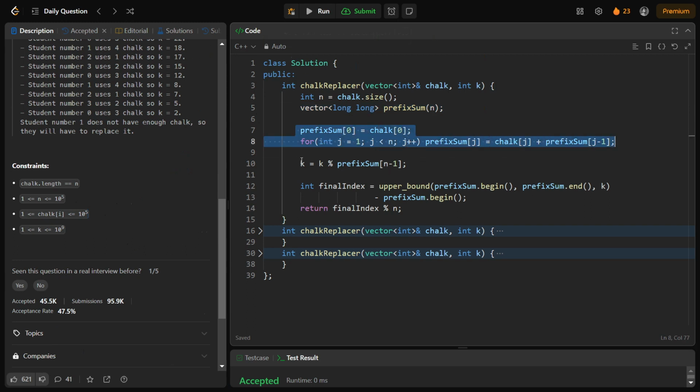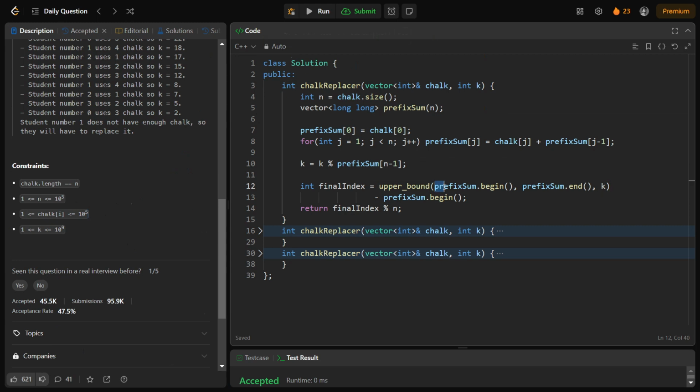And in the end, I again do this k modulo sum. So the last element of this prefix sum would contain the sum of all elements, right? So k is equal to k modulo the total sum, and I'll just do the upper bound calculation, and I'll take the modulo and I would get the final answer. So what is this upper bound?